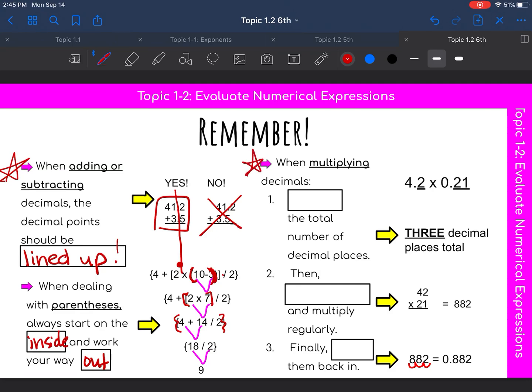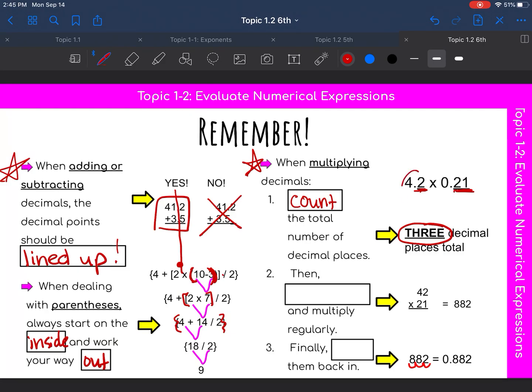Now the next bullet point says, when multiplying decimals, blank the total number of decimal places. For example, in this one there's 2 and 1, so there's 3 total decimal places. If you remember, you want to count the total number of decimal places. Then it says blank and multiply regularly.